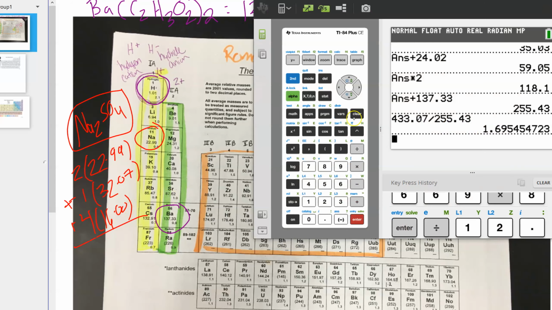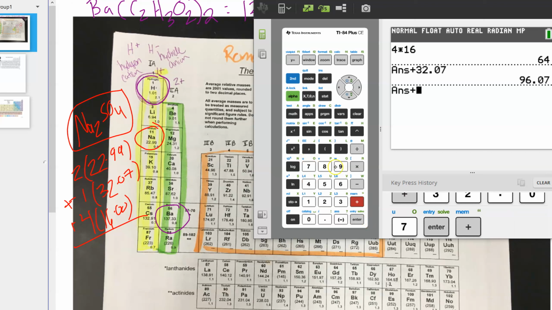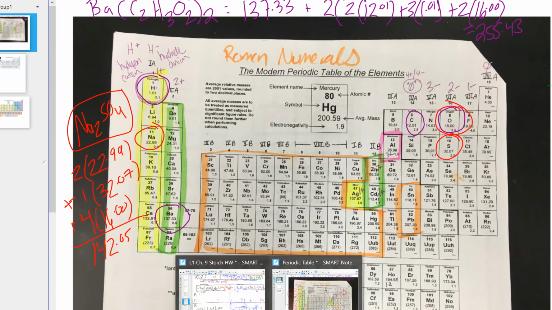So let's clear this out. We have 4 times 16, which is 64, plus our 32.07 for sulfur, plus 2 times 22.99 for the 2 sodium, 142.05 grams per mole for our sodium sulfate.